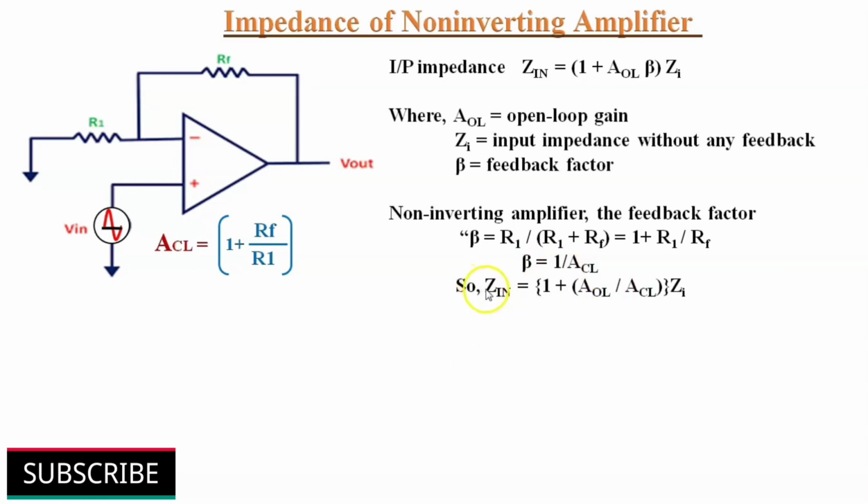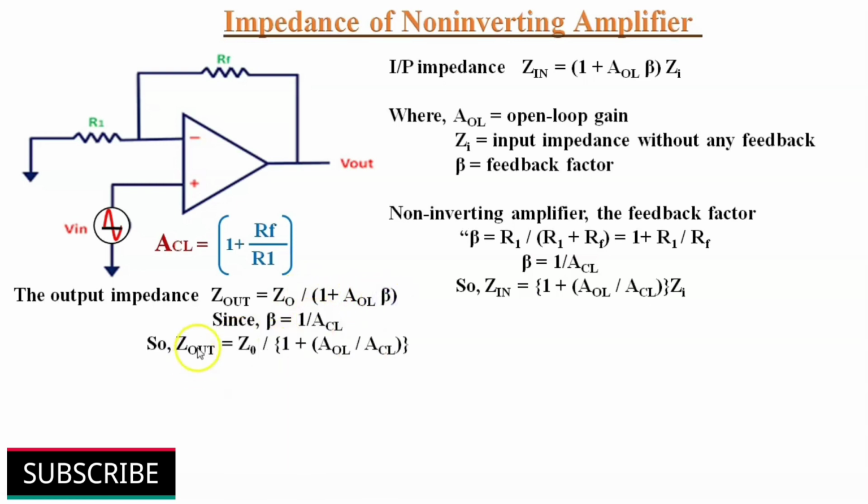So our equation for input impedance Zin is equal to 1 plus AOL by ACL into Zi. Now the output impedance Zout is equal to Zo, that is output impedance without any feedback, divided by 1 plus AOL into beta. Since beta is equal to 1 by ACL, our equation for output impedance Zout is equal to Zo divided by 1 plus AOL by ACL.